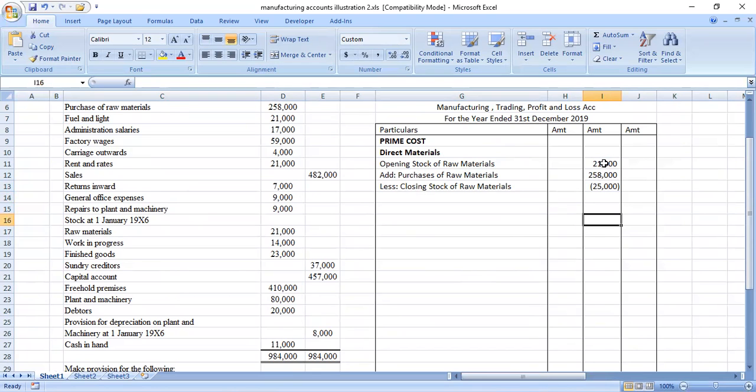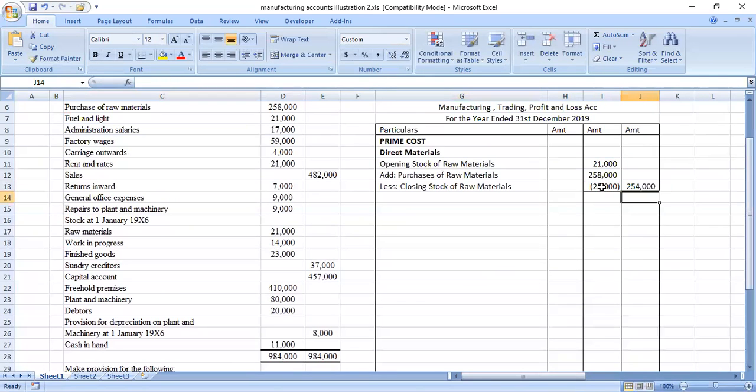So this will give us the cost of direct materials. It's equal to the opening stock of 21,000 plus purchases minus the closing stock. So the cost of direct materials is 254,000 shillings.